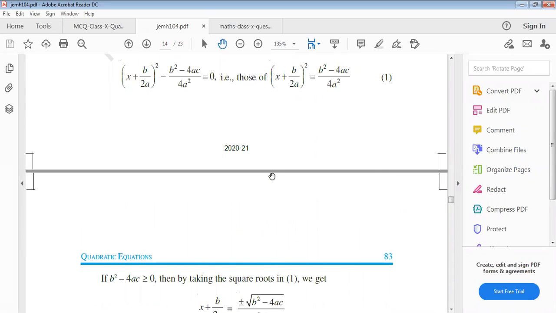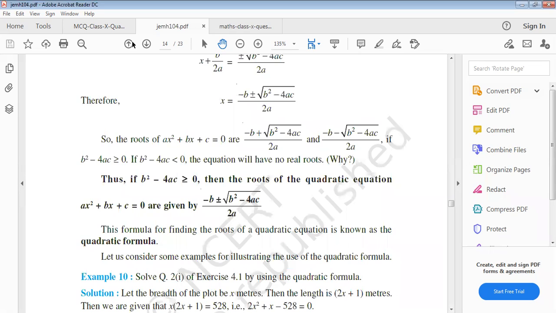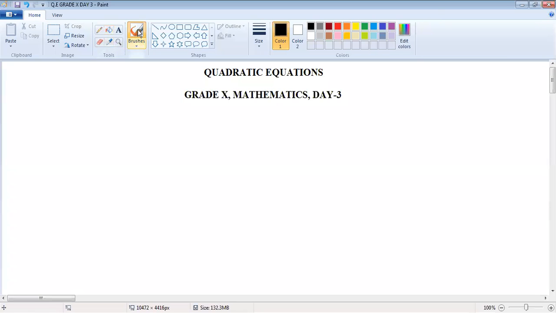Look, if the quadratic equation is in the form ax square plus bx plus c is equal to 0, we call this a quadratic equation because the degree of this polynomial is 2, and moreover it is defined under a single variable.